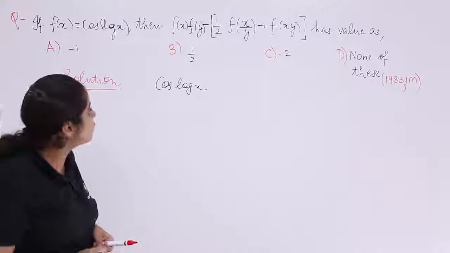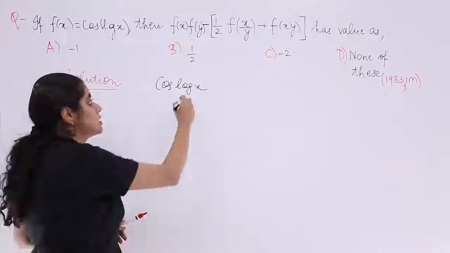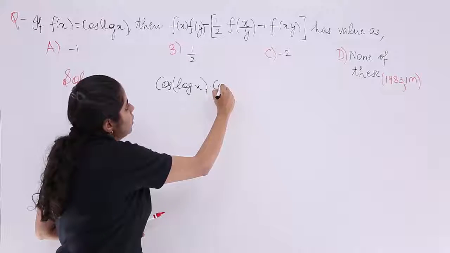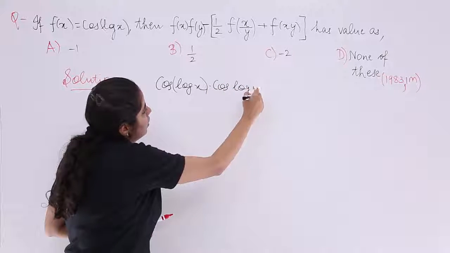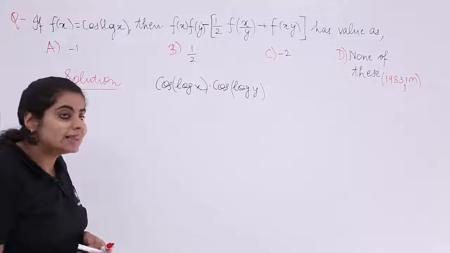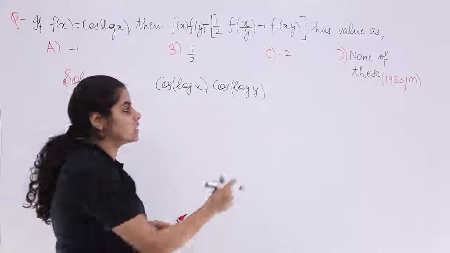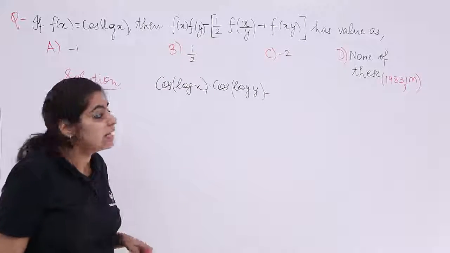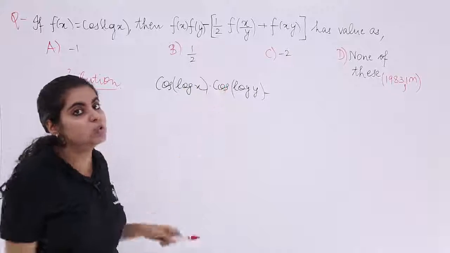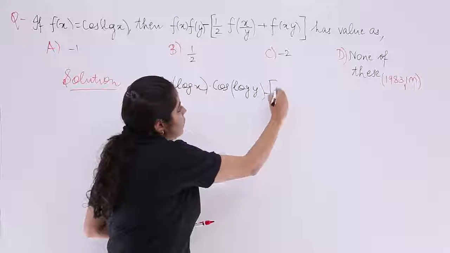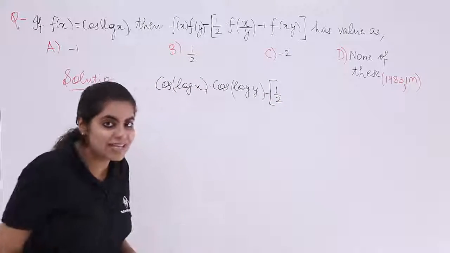And f(y) is cos log y. Then I have a minus sign, followed by 1 by 2 f(x/y).